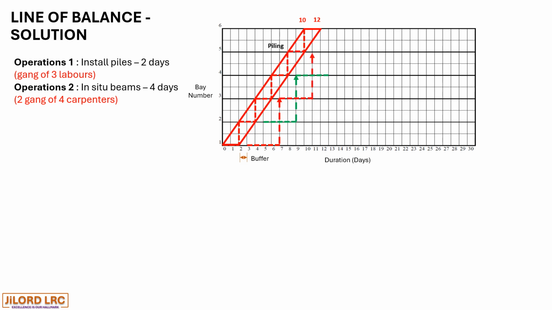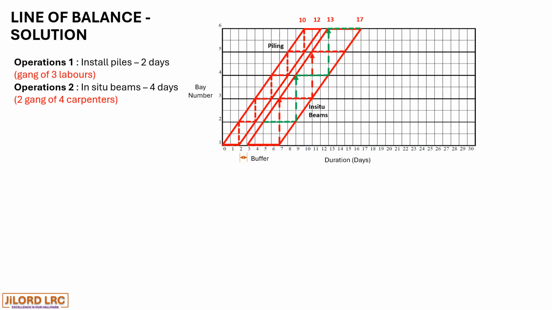Gang 1 then goes to bay 5 and constructs from day 11 to 15. The second gang also starts the 6th bay and constructs from day 13 to 17. So the installation of beams is completed by the 17th day.